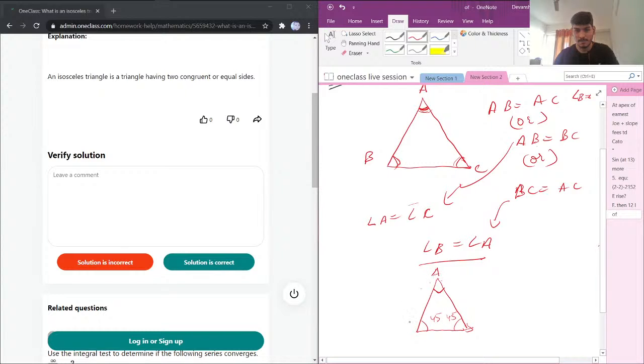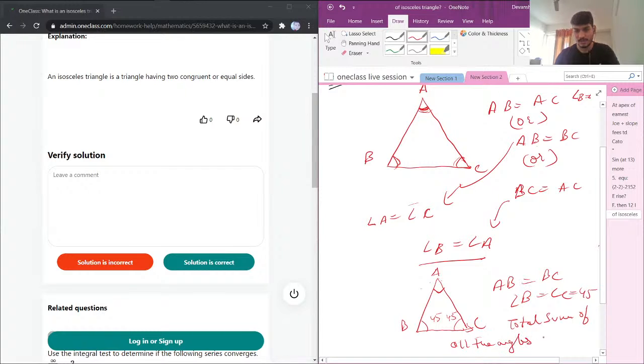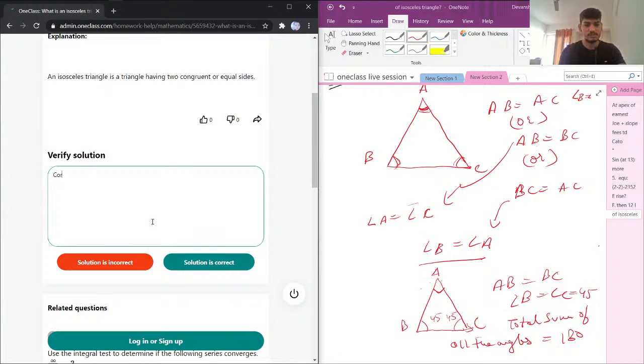If in ABC, AB equals BC, then angle at B equals angle at C, which is equal to 45, and the total sum of all the angles is 180. 90 plus 45 plus 45, which is 180. So this is correct solution. Great job.